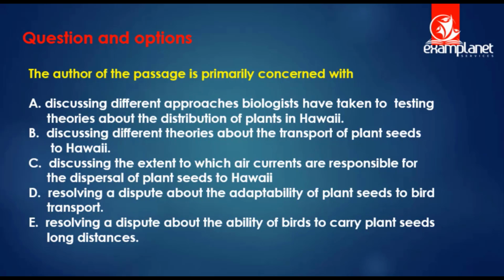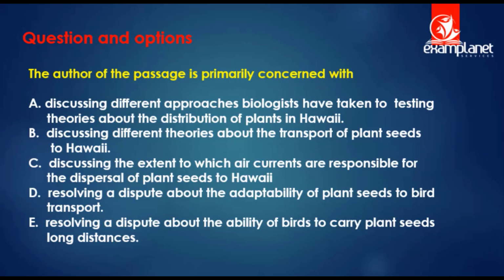Alright, if you look at the passage carefully, you agree with me that the author of the passage is not primarily concerned with discussing different approaches biologists have taken to testing theories about the distribution of plants in wuse. Option C is also wrong because the author has not been primarily concerned about discussing the extent to which air currents are responsible for dispersal of plant seeds to wuse.